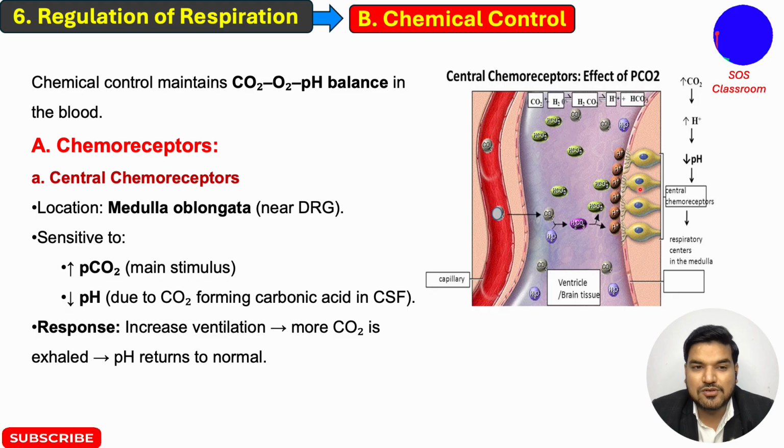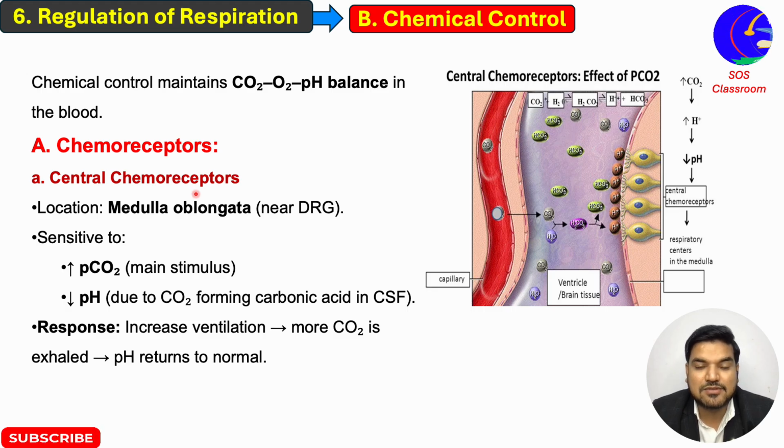So what is the function of the chemoreceptors? We will try to understand. First of all, consider the condition inside the blood: there is an increase of carbon dioxide. If the carbon dioxide increases and leads to a decrease of the pH level or a decrease of the oxygen level, then the central chemoreceptors activate.